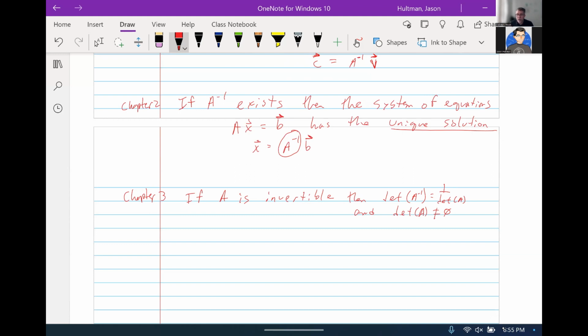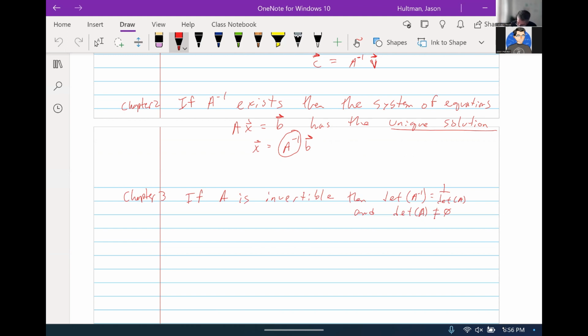Then it's not invertible, so A inverse doesn't exist, and then we don't get a unique solution.